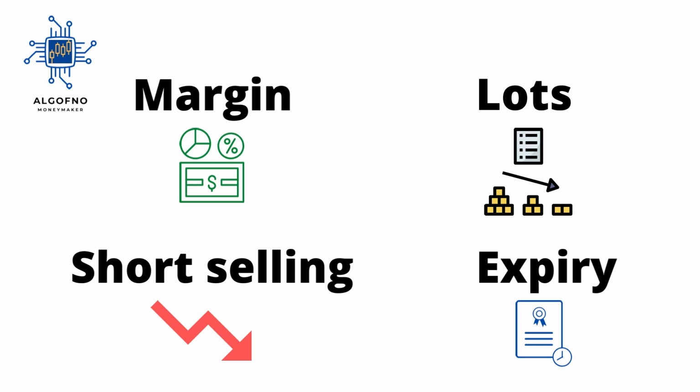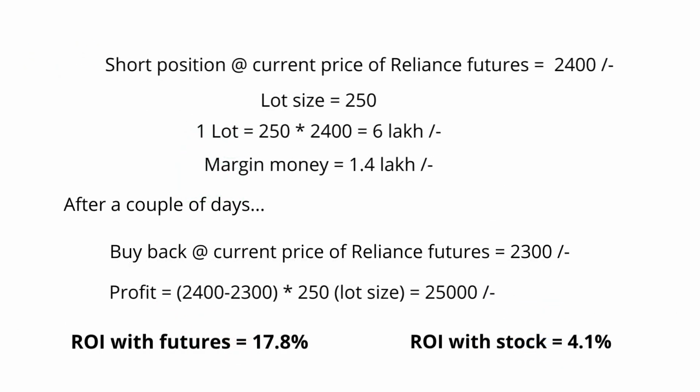So if the price of the underlying really does go down, you can just buy back the contract and the difference would be your profit. Like most contracts, a future contract also has an expiry date, which is the date at which settlement of the underlying asset happens. Let us take a look at an example involving all the future concepts we just learned.